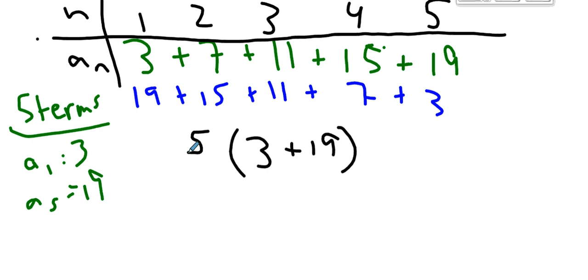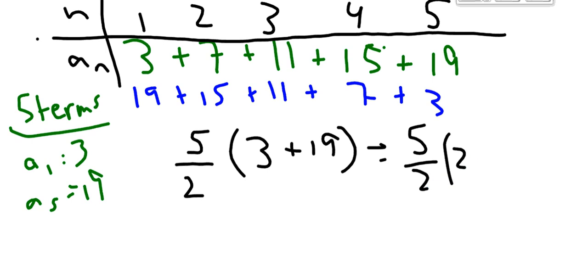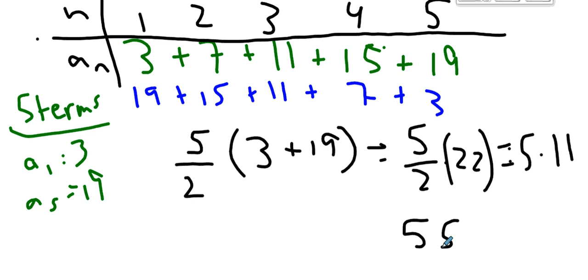There may be 5 22s, but I have to divide it in half because it came from adding it to itself, which means that I'm looking at 5 divided by 2 times 22. Now remember, the magic of all this is I could take 22 and divide it by 2, couldn't I, before I then multiply by 5, just because that's easier. So it turns out the sum is 55. And we could say that S of 5 is equal to 55.